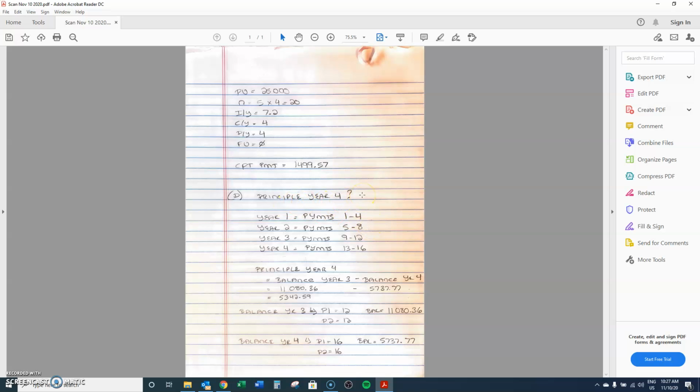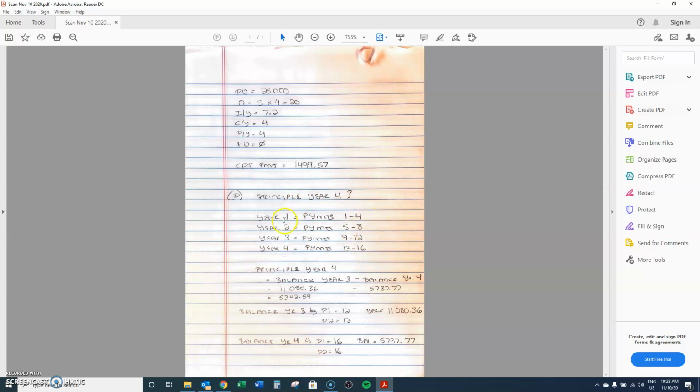So first of all, we need to figure out what payment numbers are those. So in year 1, there's 4 payments per year. So in year 1, we're having payments 1 through 4. In year 2, it's payment 5, 6, 7, and 8. In year 3, it's payment 9, 10, 11, and 12. And in year 4, it's payment 13, 14, 15, and 16.